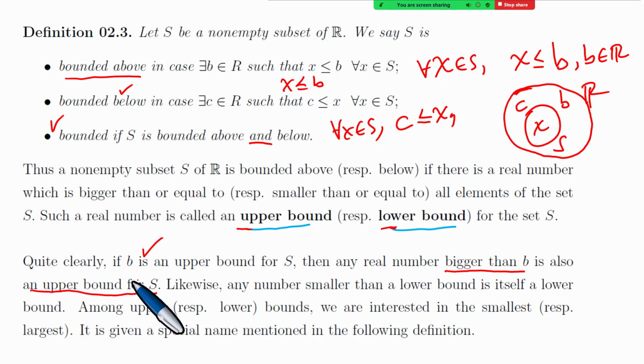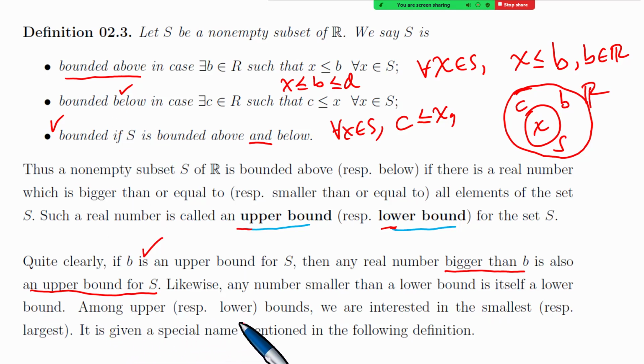In other words, if B is an upper bound, then any real number bigger than B is also an upper bound for S, because you can find another one bigger than B. Likewise, any number smaller than a lower bound is itself a lower bound.